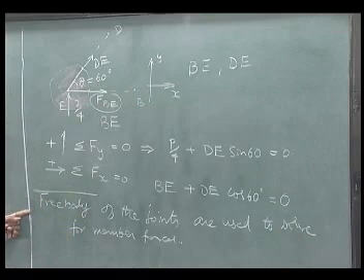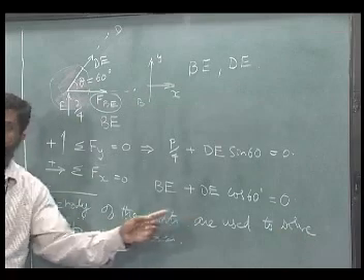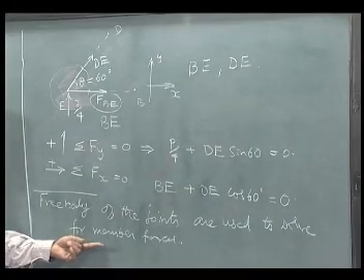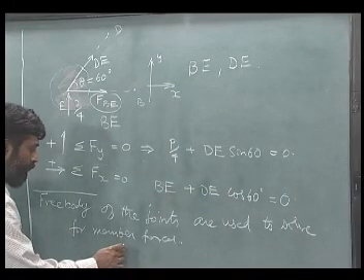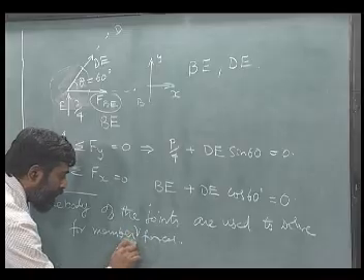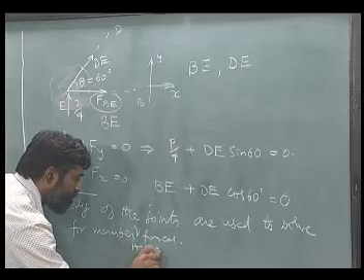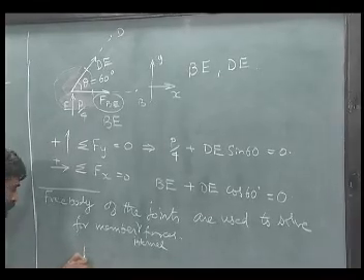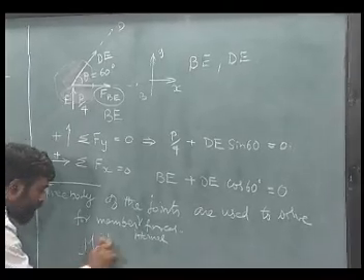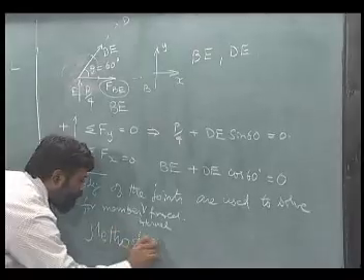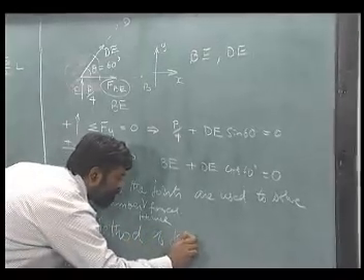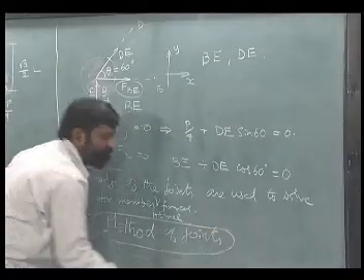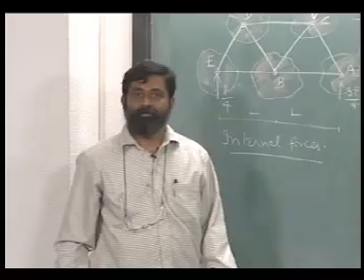Such a method where I use the free body of the joints in finding out the member forces, I am going to introduce here member internal forces, or simply member forces, is called the method of joints. Alright.